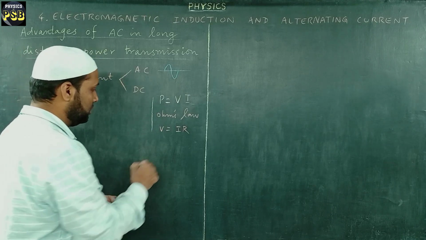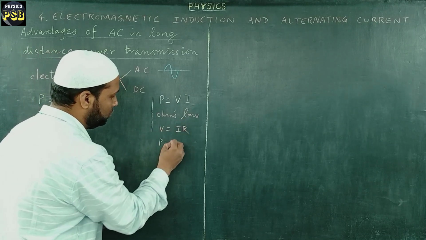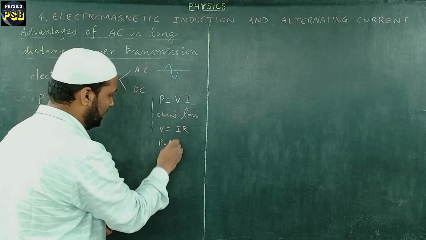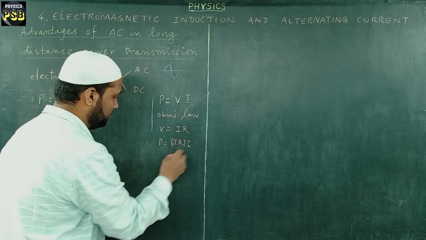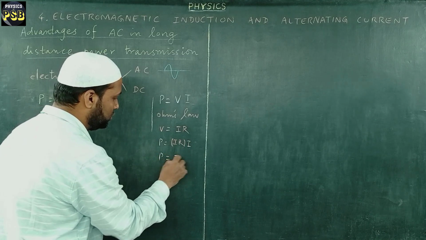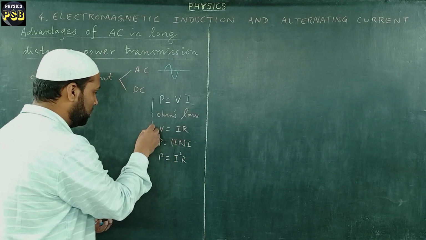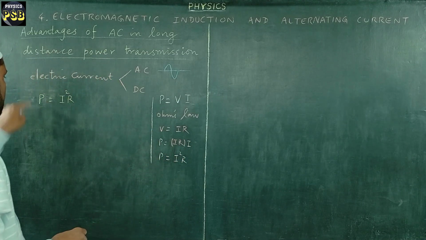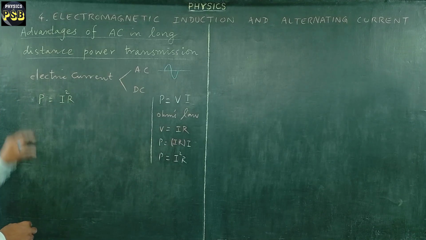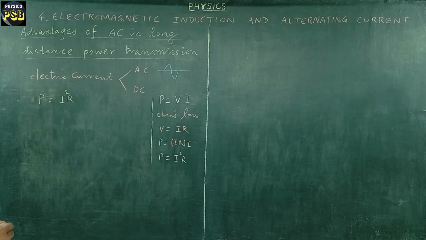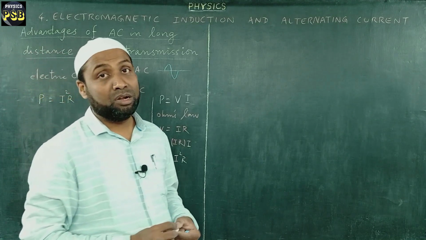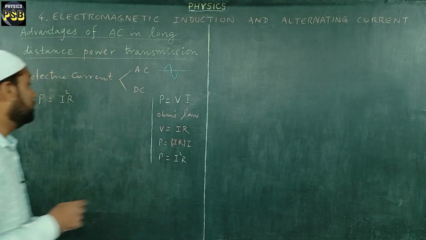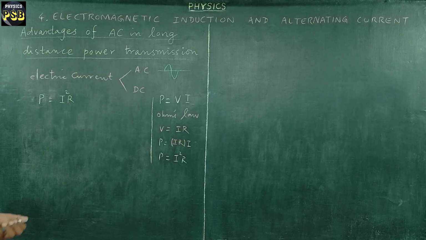In place of V, I write IR. Now it's multiplied with I. So P becomes equal to I square R. This is how we obtain this expression, which represents power loss in transmission lines due to Joule's heating effect.